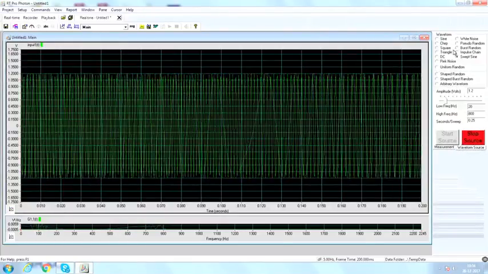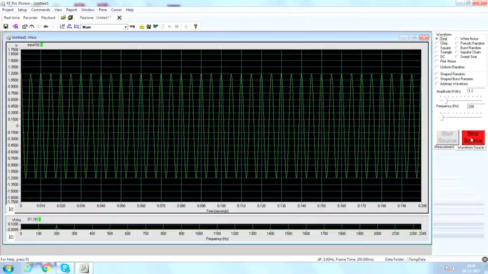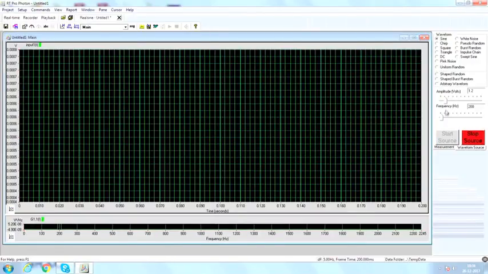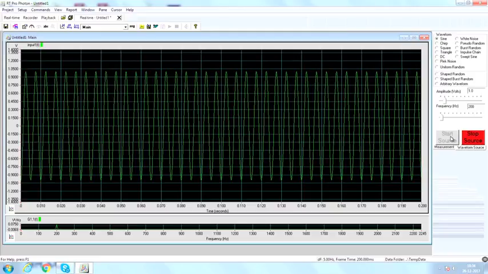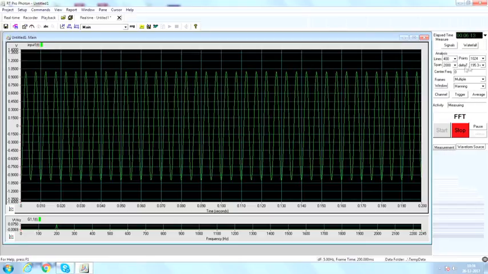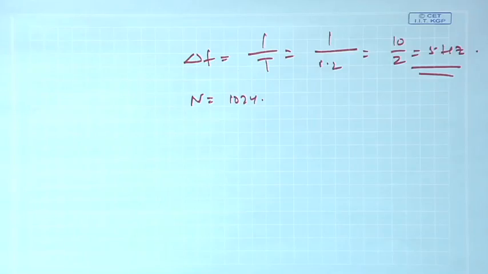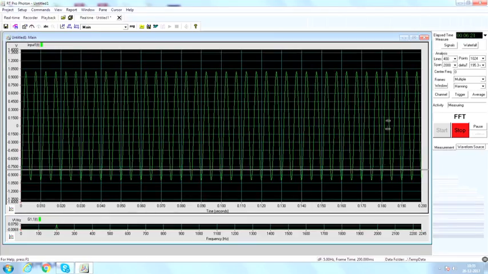So let me change the signal, go back to my sine wave, and we will see. I will make this 1.0. So I have generated a sine wave of 1024 points with a sampling frequency of, so let us see what happens in the FFT domain.